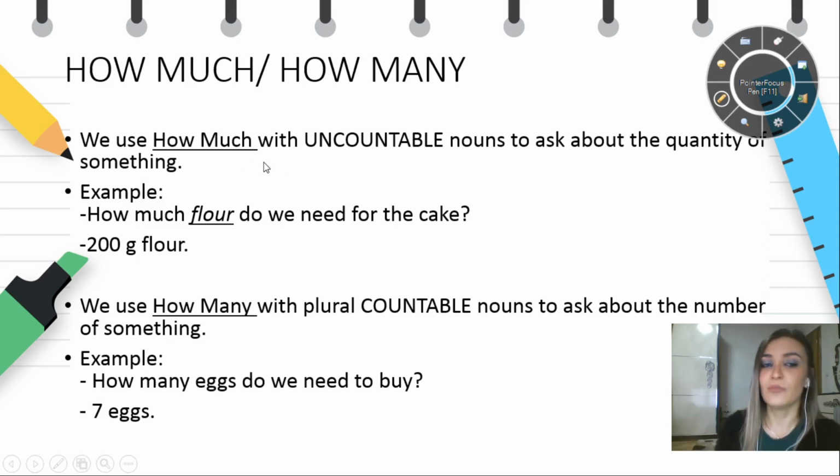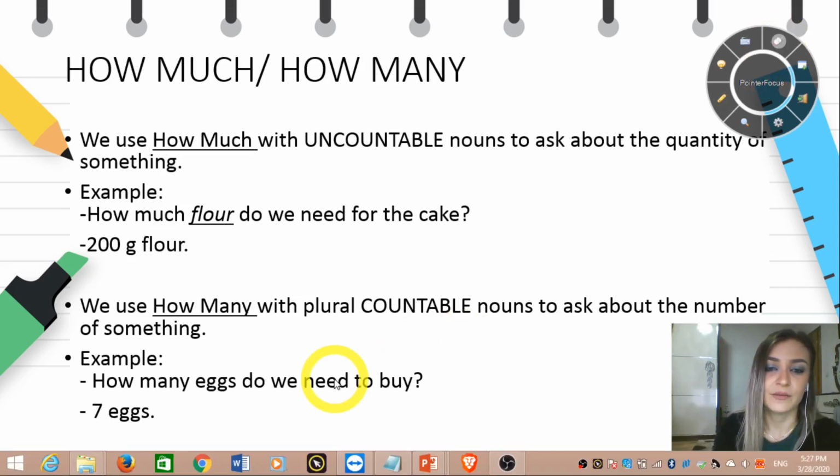We use how much with uncountable nouns to ask about the quantity of something. For example, how much flour do we need for the cake? 200 grams of flour.